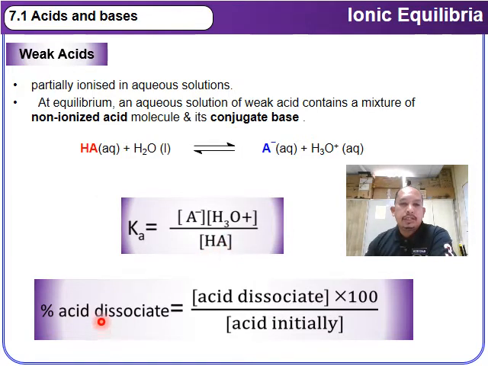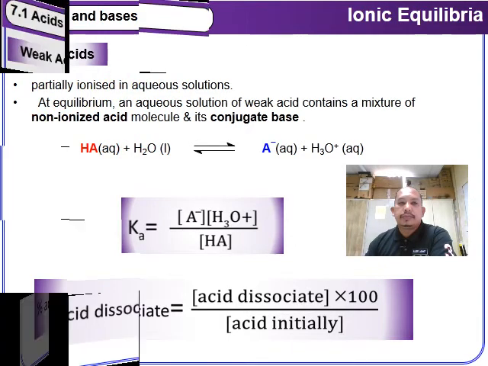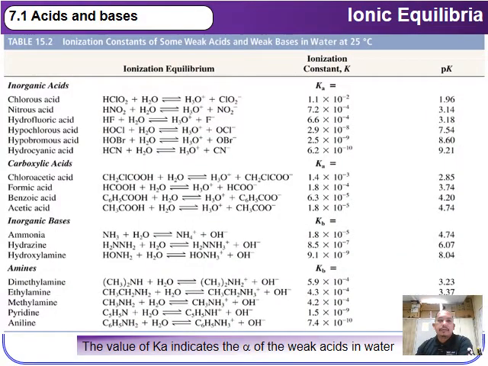The percentage of acid dissociated can be calculated by taking the dissociated acid concentration, divided by the initial acid concentration, times 100. The percentage will show us how weak that acid is.